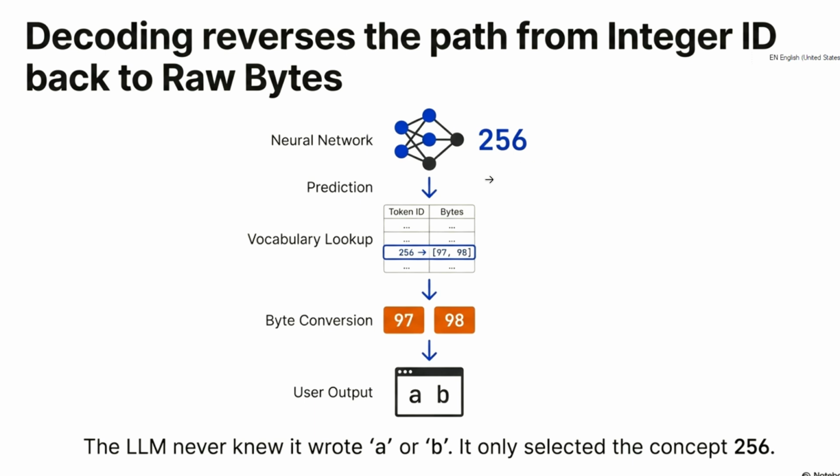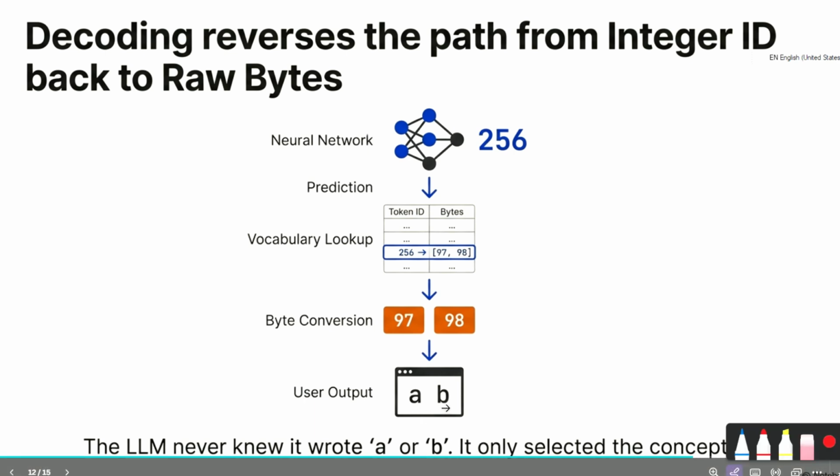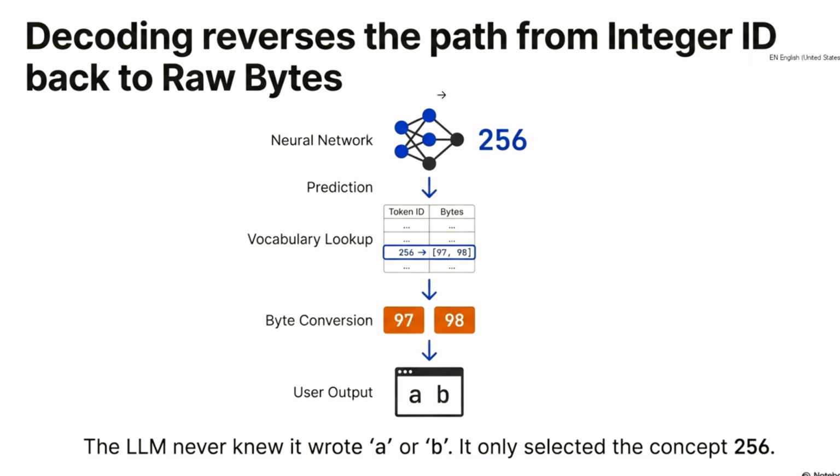And this is how, the neural network will give a prediction of 256, and we will look inside our token table at what 256 means. 256 means 97 and 98, and 97 and 98 basically means A and B occurring together. So we don't put A and B inside the LLM, we put this token 256 inside the LLM.